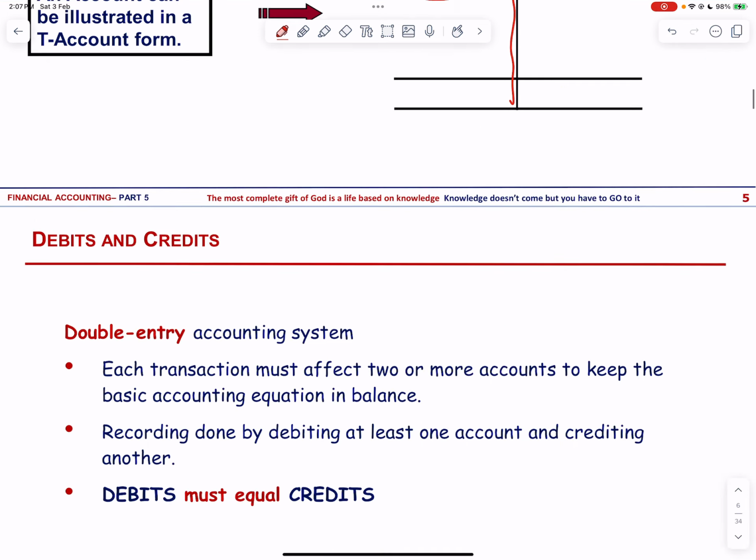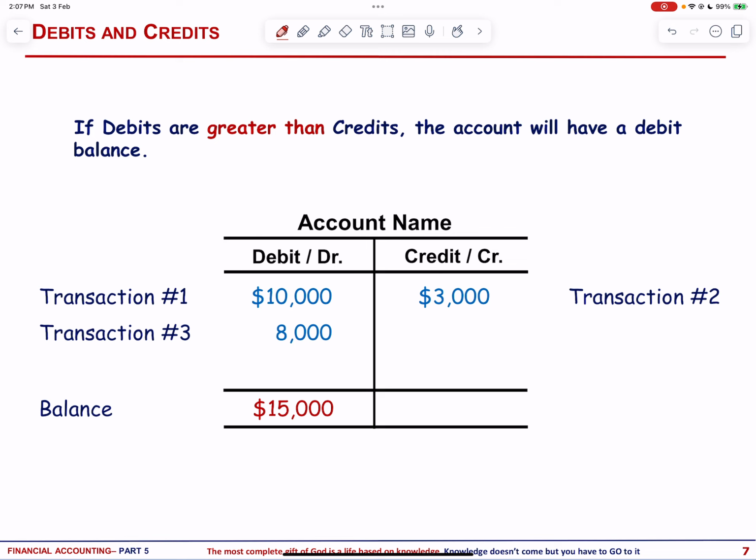Now when we are going to record in the ledger, there may be an account, say for example we have a cash account, and if you can remember, all the increase in an asset, that is cash, is going to be debit. That is what we have done in the journal entries. So all the cash debits will be recorded on the left hand side, and all the cash credits will be recorded on the credit side.